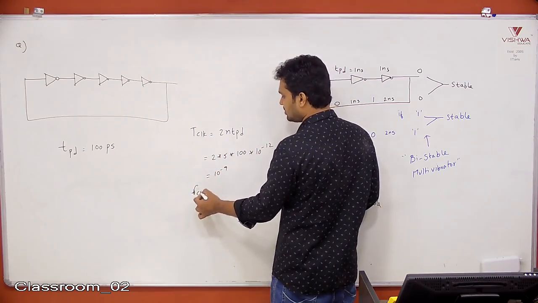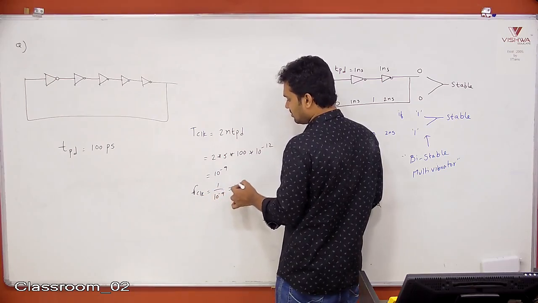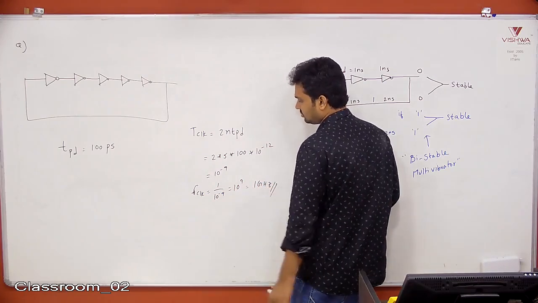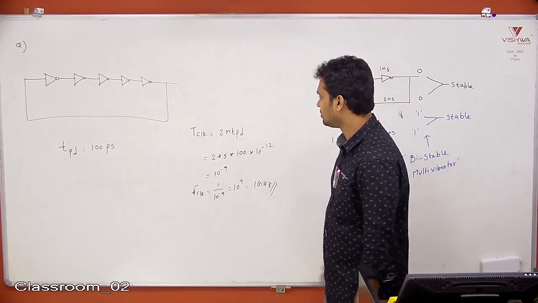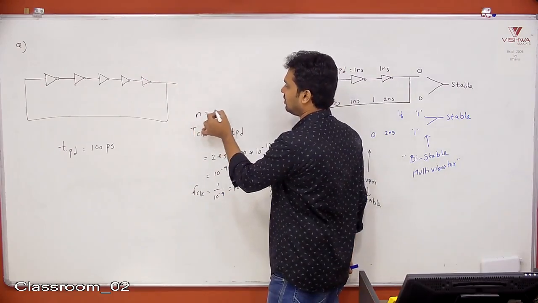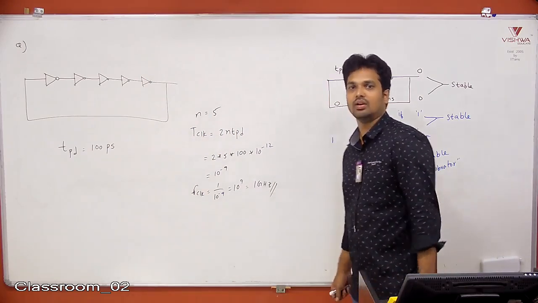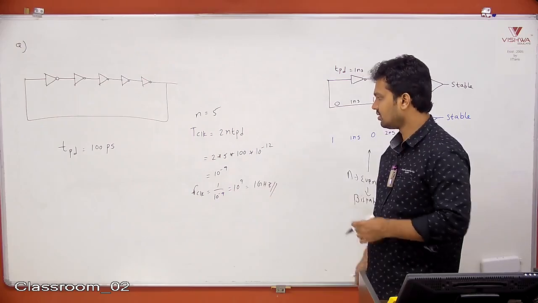Then what is the frequency of the generated clock? 1 by 10 power minus 9, which is 10 power 9, 1 gigahertz. N equal to 5. 5 means odd, definitely a ring oscillator circuit. So 1, 2, 3, 4, 5, you can apply this concept. Copy it.